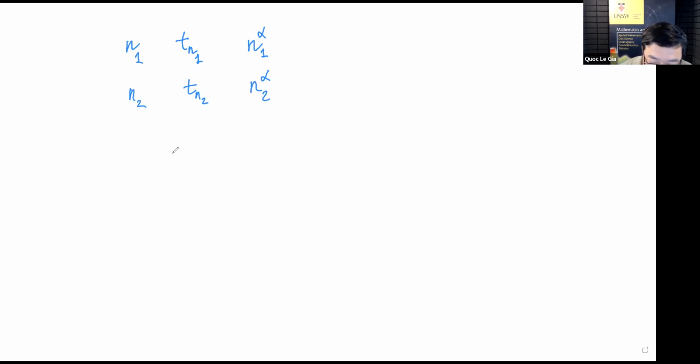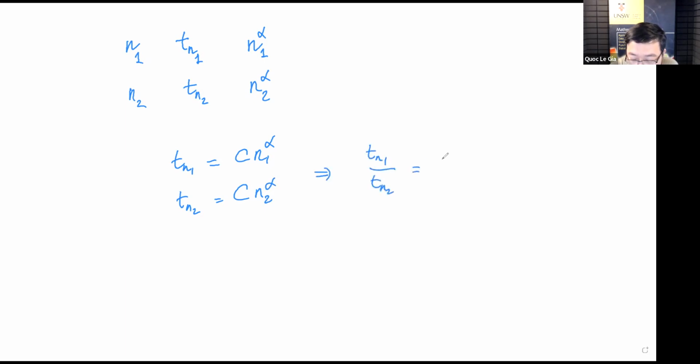So if I say that Tn1 is a constant times n1 to the alpha, and Tn2 is a constant times n2 to the alpha, then I just take the ratio, and I get Tn1 over Tn2 equals n1 over n2 to the alpha.